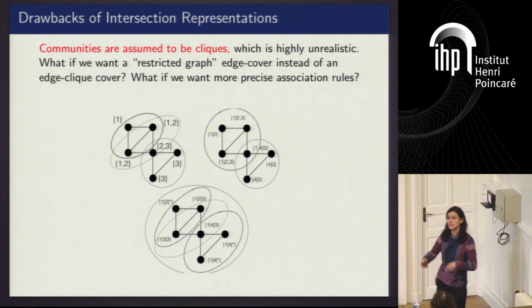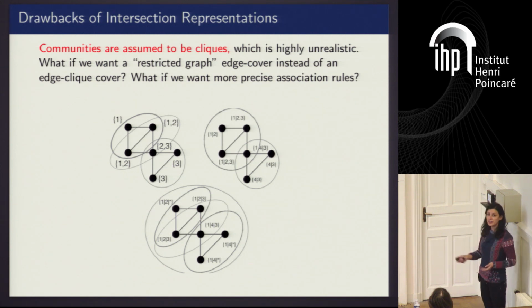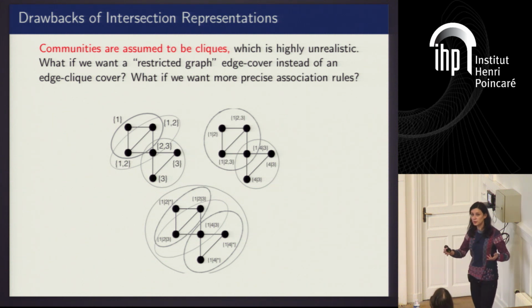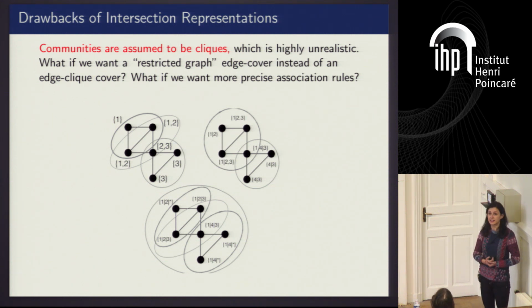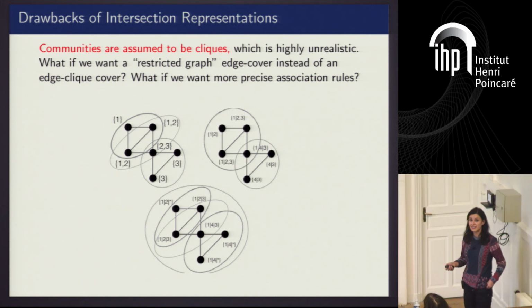It assumes that each feature corresponds to one clique and one clique corresponds to one community. And that is very unrealistic because you're assuming that one community is fully interconnected. Usually we say that communities are defined as dense induced subgraphs in a network. So how can we get something that is much more realistic?